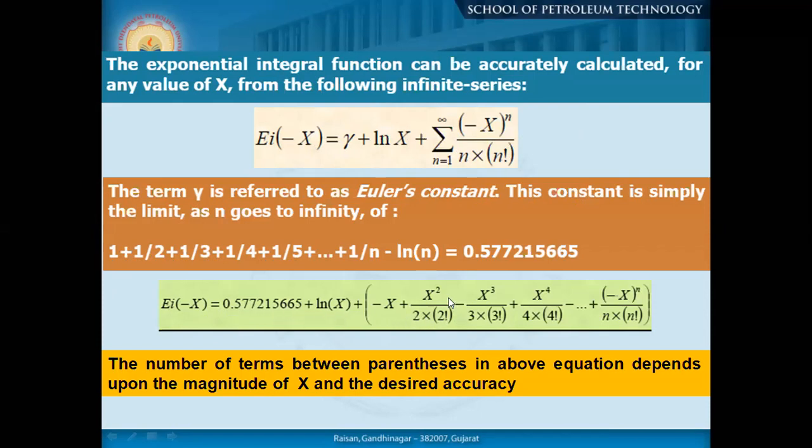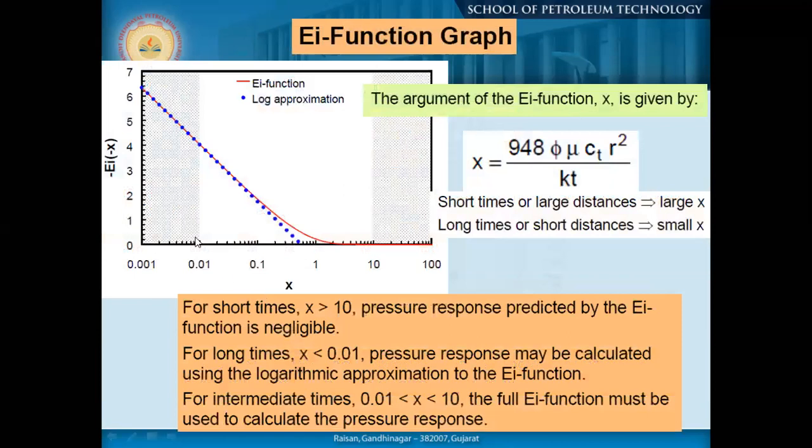So you can see all possible combinations of your r and t as well as this complex terminology. The number of terms between parentheses in the above equation depends upon the magnitude of x and the desired accuracy. So what sort of accuracy do we want for the solution? For that we need to really see what is happening. Now if I just see this graph, we have two things.